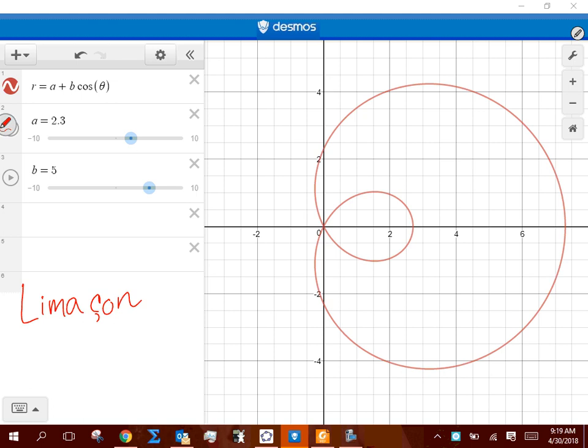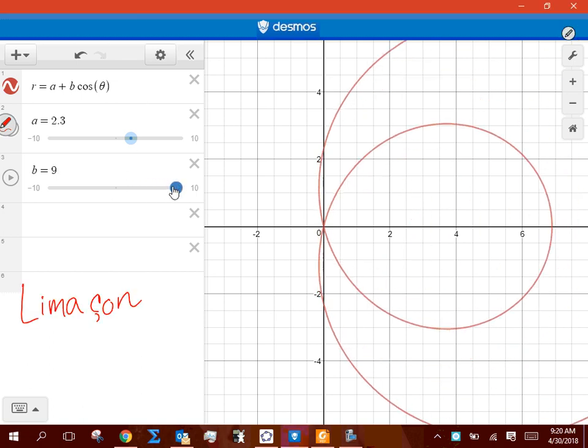I'm not sure of the phonetic way of pronouncing that little symbol and the C. But that comes from the Latin word for snail. I don't know why they think that. All the polar graphs are kind of named after what they look like. I don't know what aspect of a snail that looks like, but that is a limaçon.